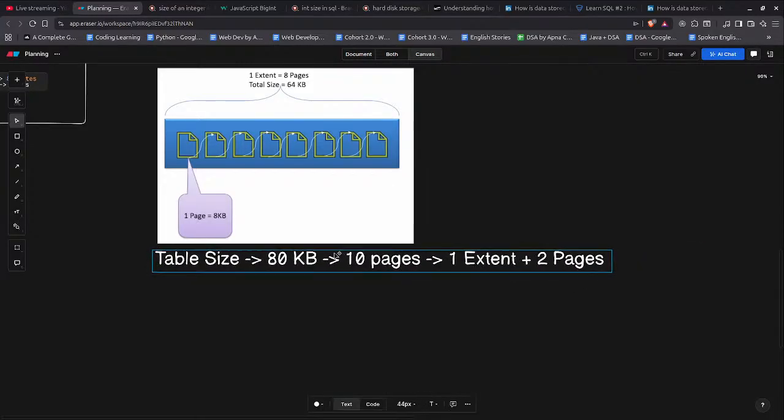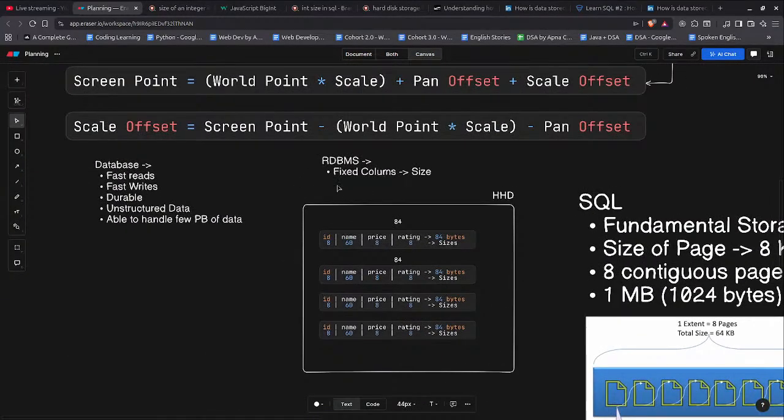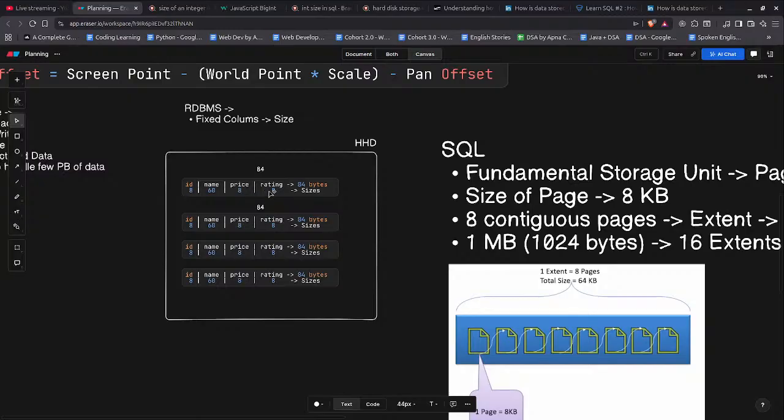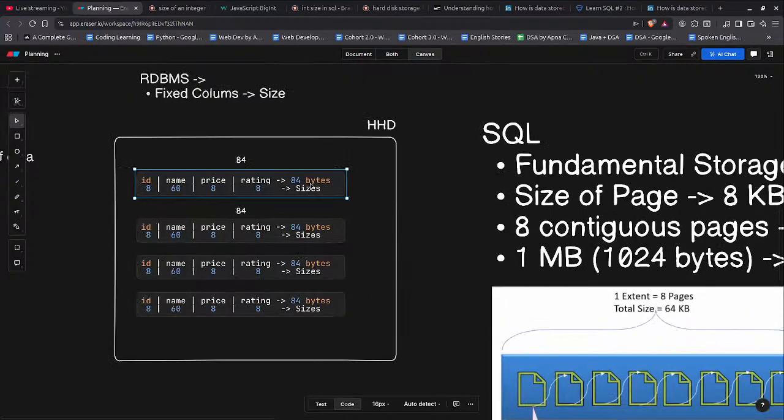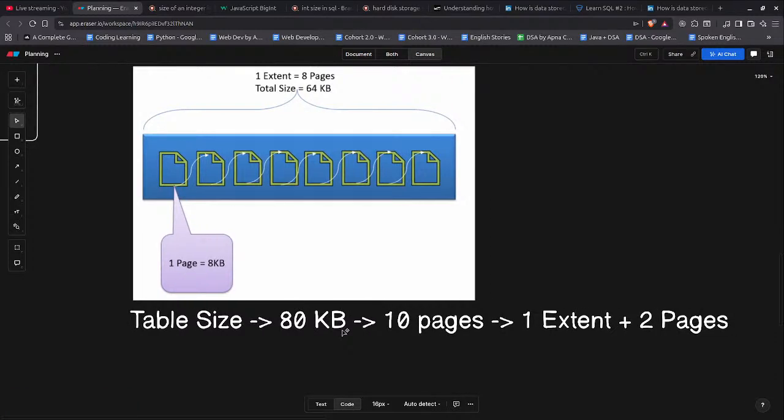Suppose we have these values here: ID, name, price, and rating. In our case it was 84, in his case it is 80 KB, that is completely fine so that the calculation is simpler. If we see exactly how many pages can store this much data, one page can store 8 KB, so 10 pages can store 80 KB. One extent is equivalent to 8 pages, so that's one extent plus 2 pages.